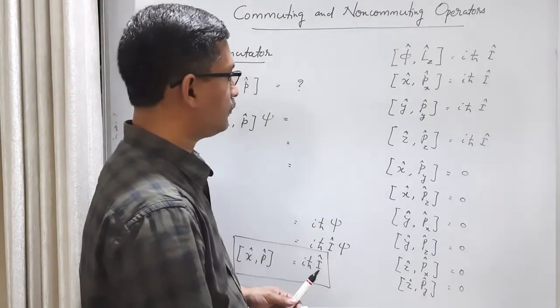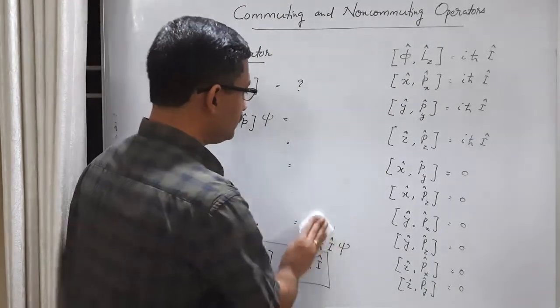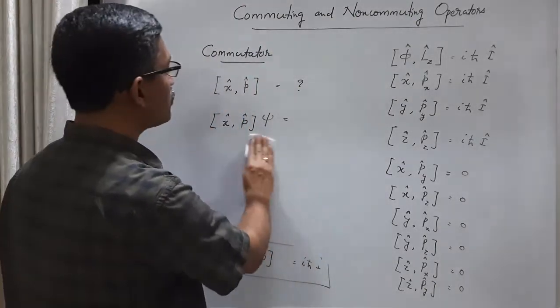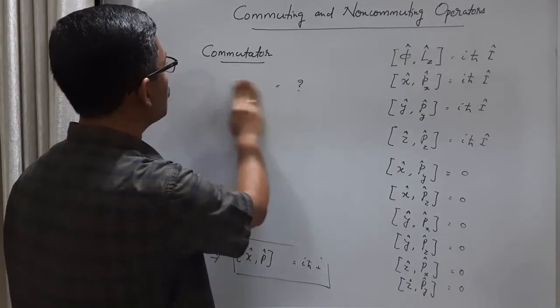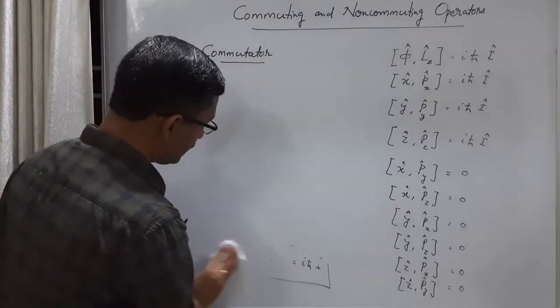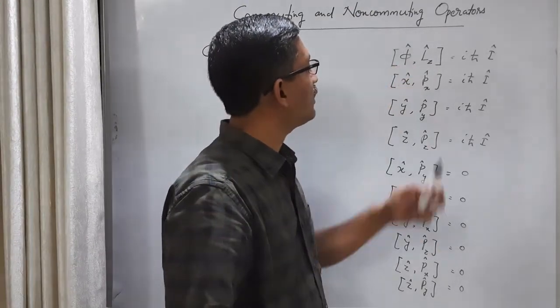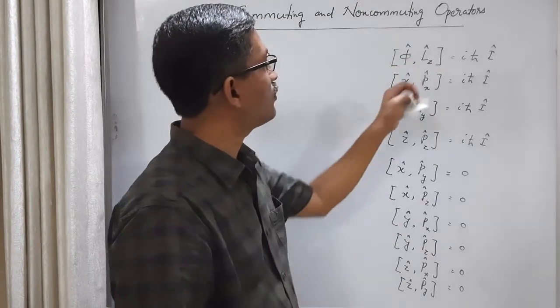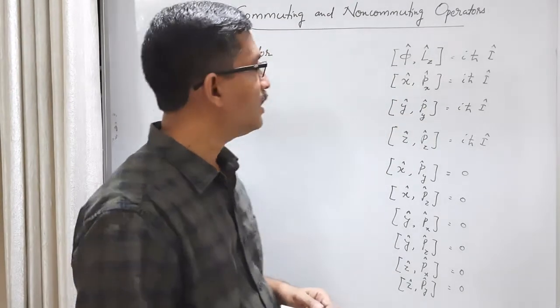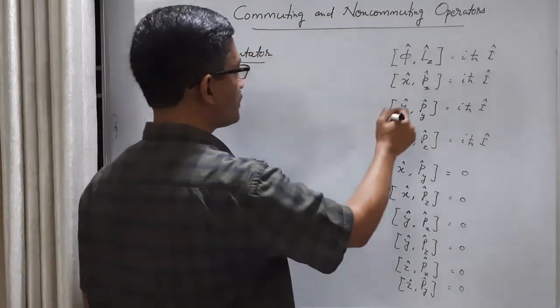So these are the commutation rules between some components of position and linear momentum, and we have also seen that the azimuthal angle and angular momentum satisfy similar commutation rules. So we can generalize these results.